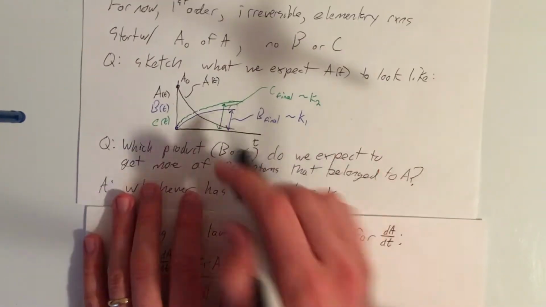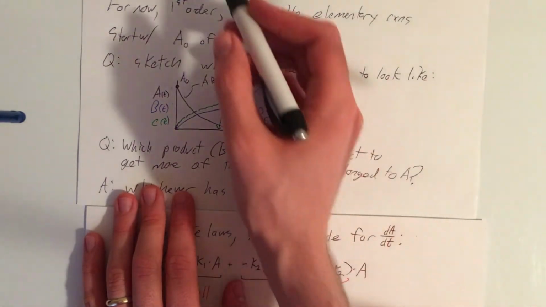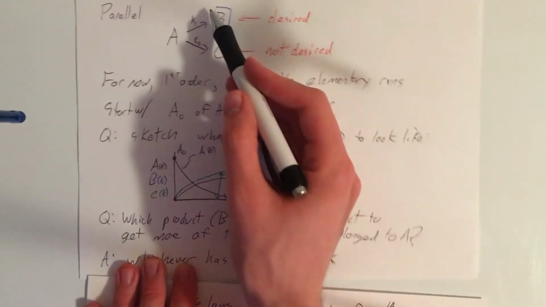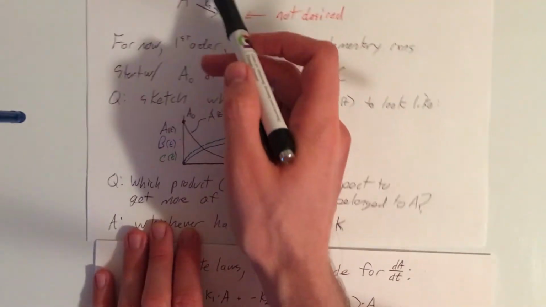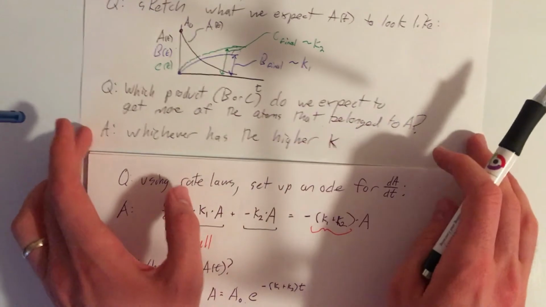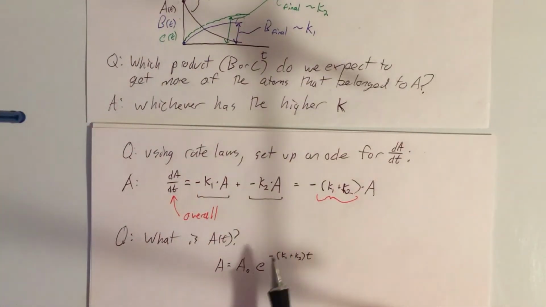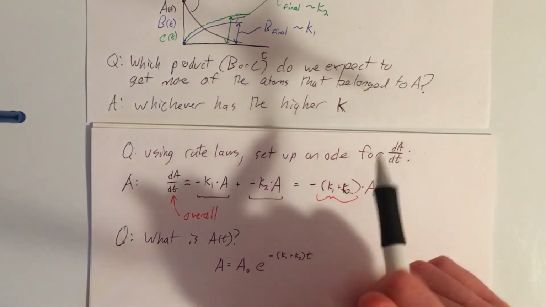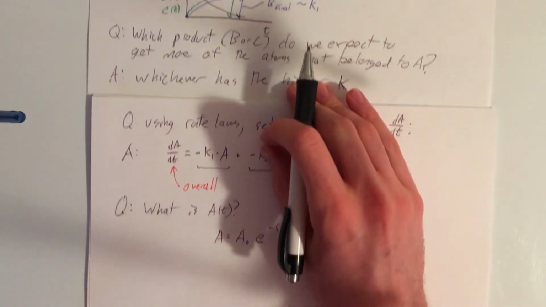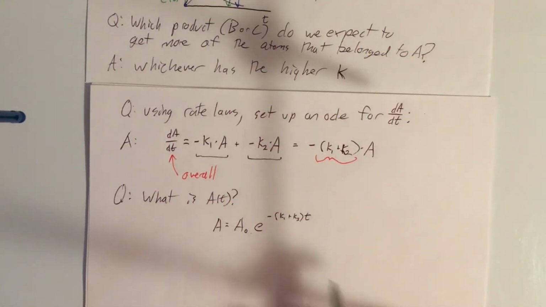In this case, this would asymptote with a rate constant that is the sum of these two K's, because they're both acting in concert together to deplete A, both in a first order manner. This solution would be a lot trickier if one or both of these reactions were not first order, but for now we're dealing with first order reactions. Okay, so this is the solution of what we expect A of T to look like.